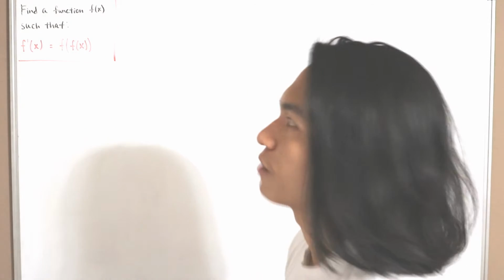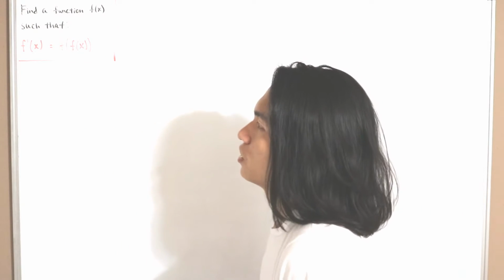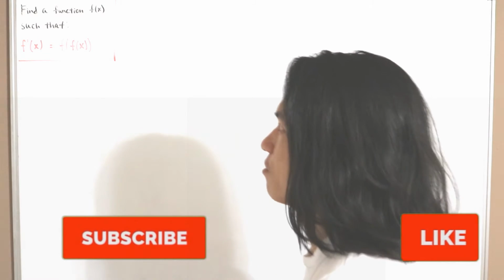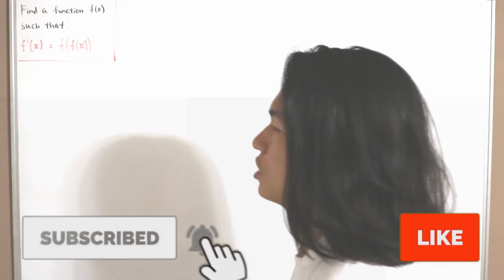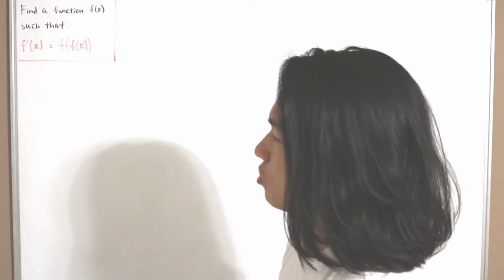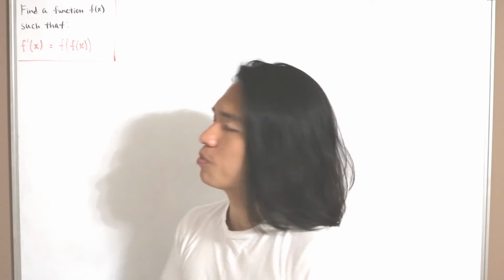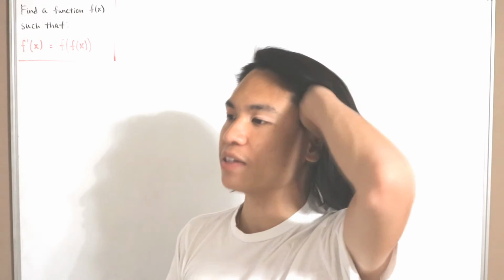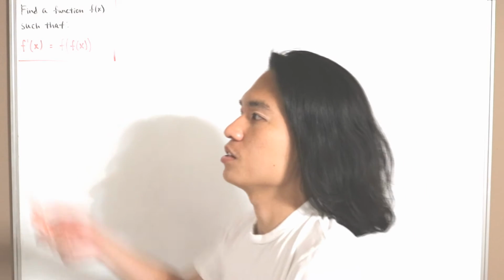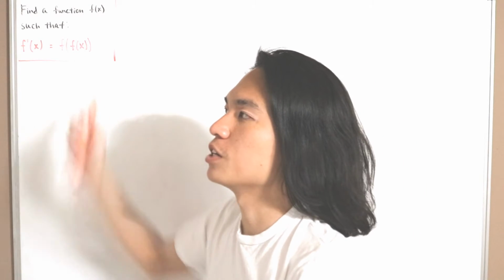So in today's video we have the following non-trivial differential equation. Well, really we're being asked to find a function f of x such that f prime of x is equal to f of x. So really the premise here is that we want to find a function that satisfies the following conditions.